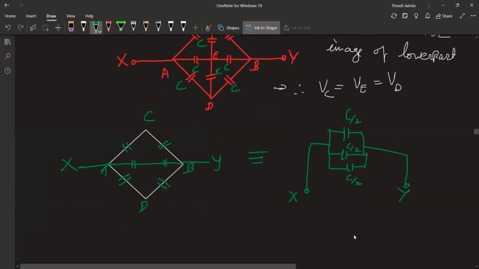So finally, what are we getting? Across A, B is 1, 2, and 3, so 3C by 2. So what was our easy part?